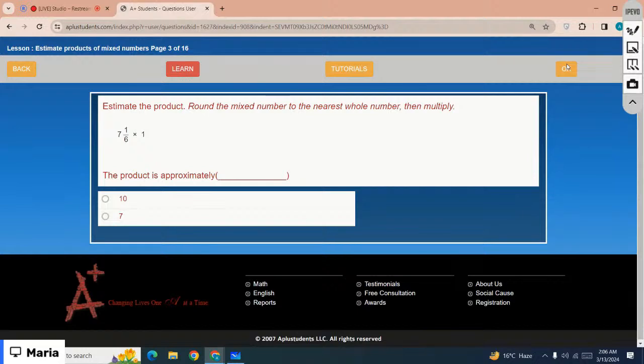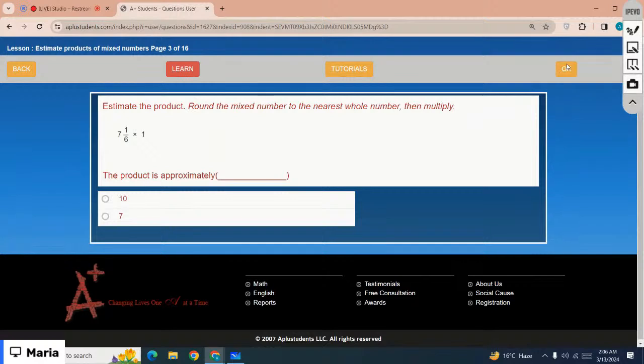Next, 7 whole 1 by 6 times 1. Which is the correct option? Yes, 1 by 6 is less than half, so you round to the same integer.